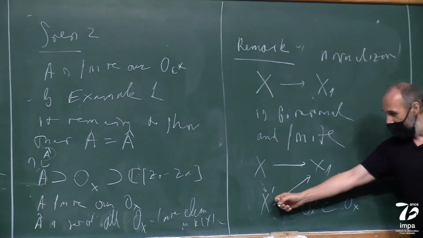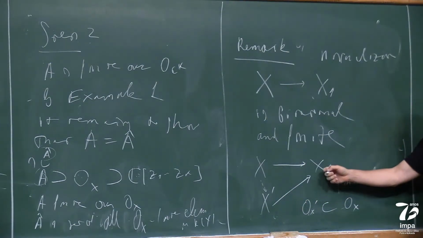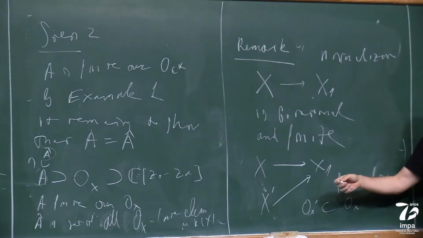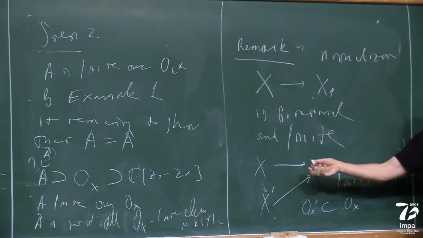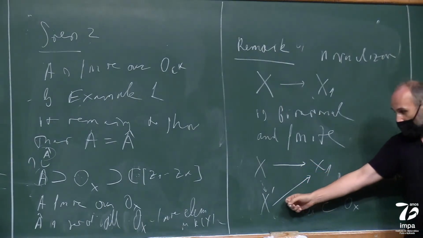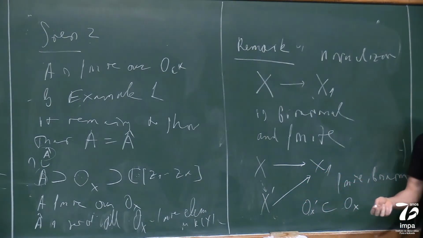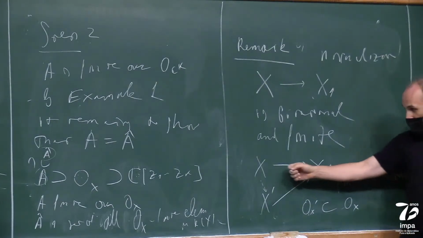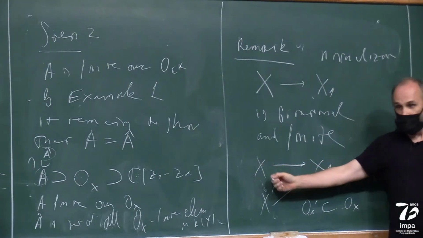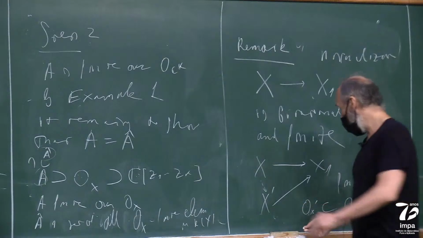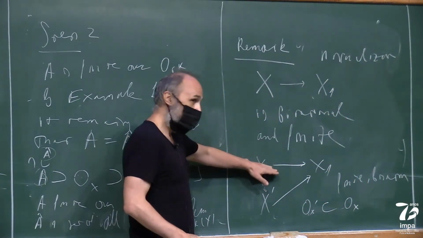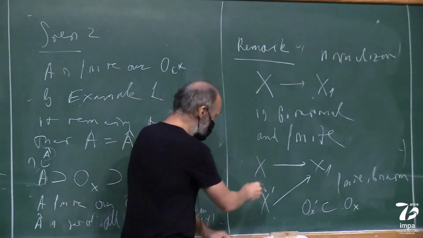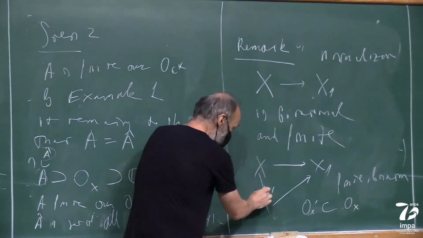So all elements here are finite over O_X1, but they belong to the fraction field because this map is birational. But then all elements which belong to the fraction field and are finite over O_X1 belong to O_X. So this means that all regular functions on O_X prime, in fact, are regular on O_X. This implies that you have this map.